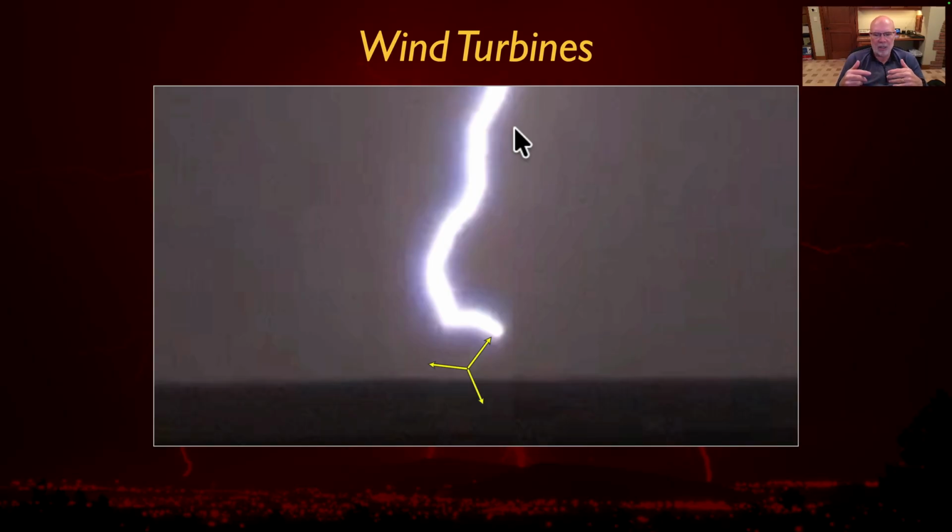But we actually saw that one of the dart leaders or subsequent dart leaders came down and did not travel along that arc and reattach to the tip of the original blade, but attached to a subsequent blade as it rose up during the flash, and actually attached to a secondary blade.